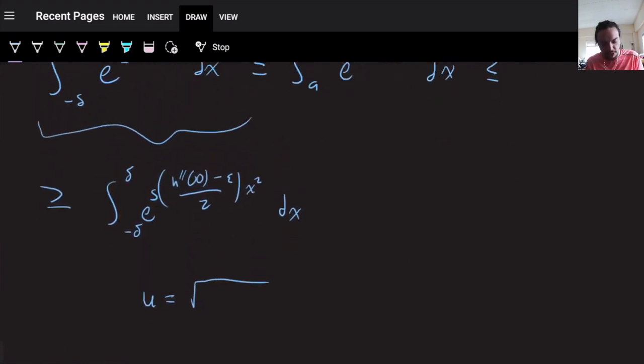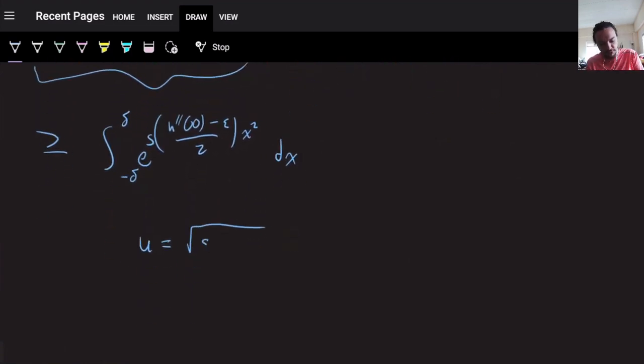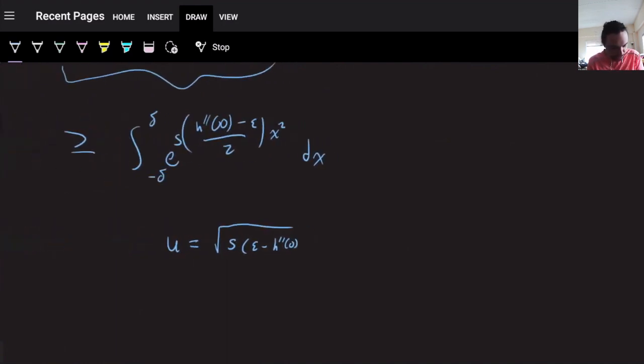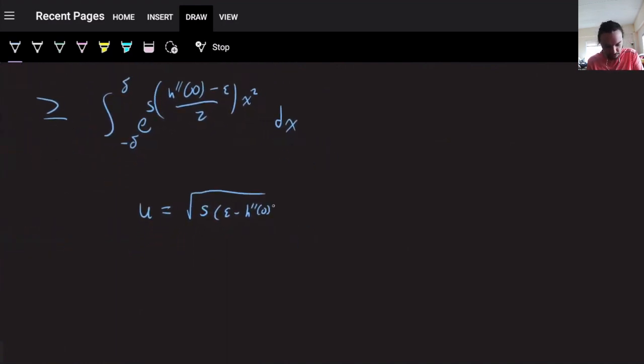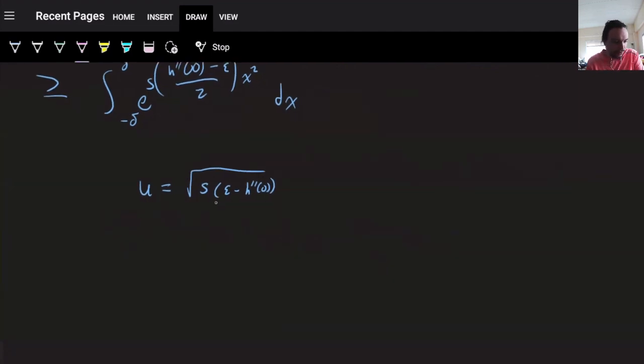So I'm going to do a u substitution with u equal to the square root of s times epsilon minus h double prime 0, over 2, under the square root, times x.